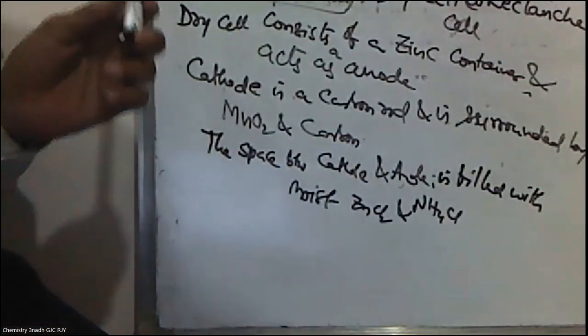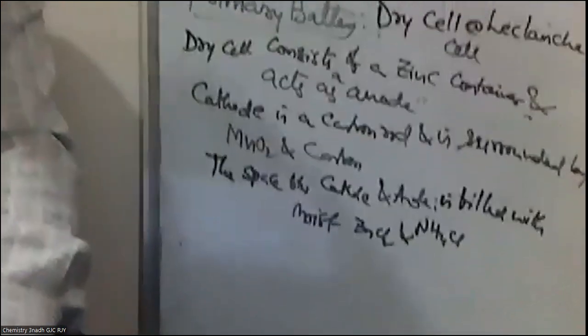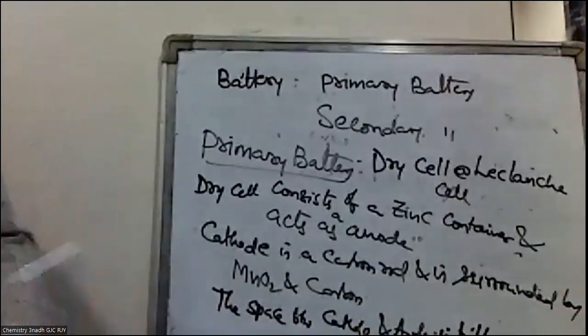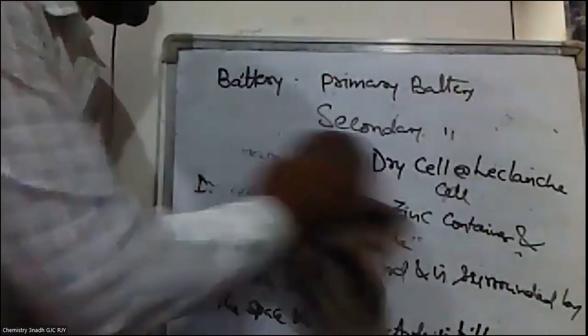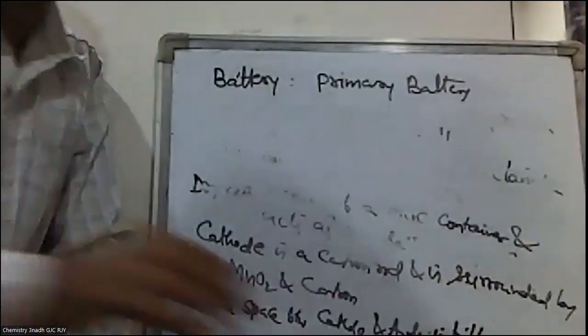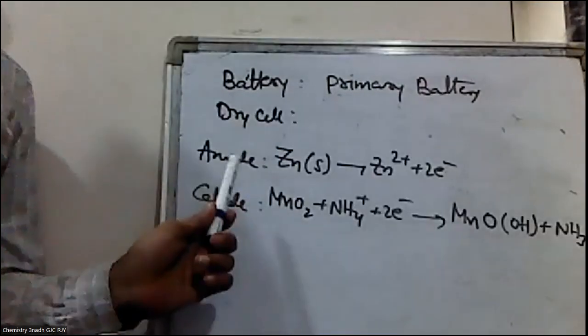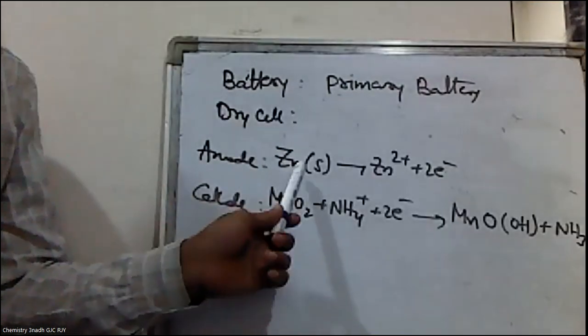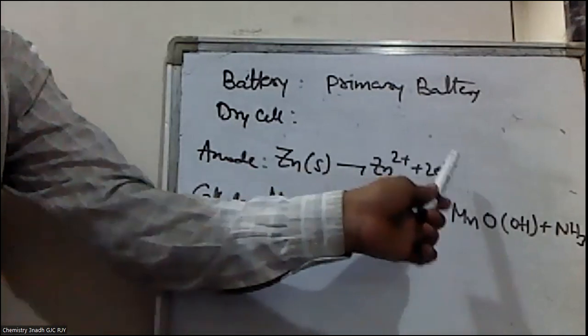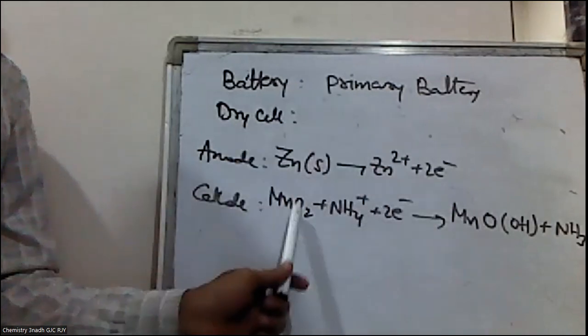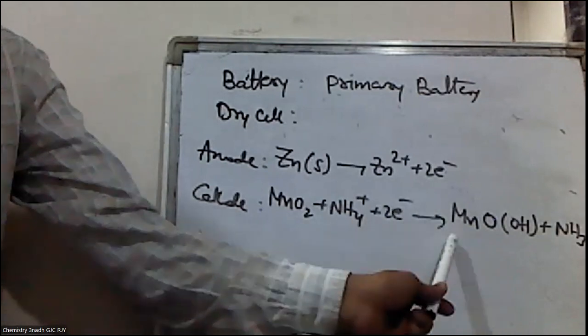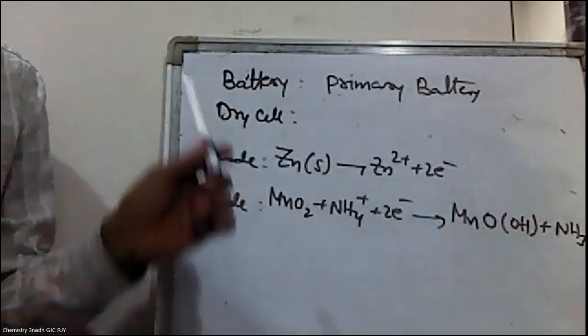The reactions occurring at the anode and cathode in this dry cell are as follows. At the anode, Zn is oxidized to Zn2+ and 2 electrons, and at the cathode MnO2 plus NH4+ plus 2 electrons gives rise to a complex plus NH3.